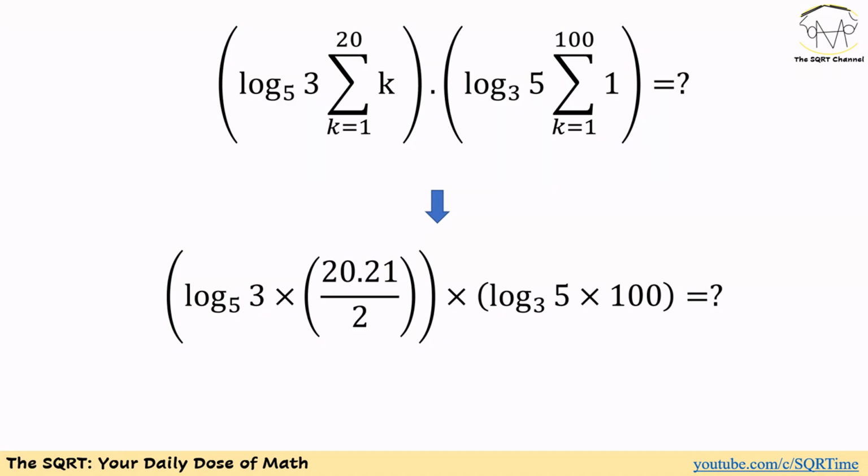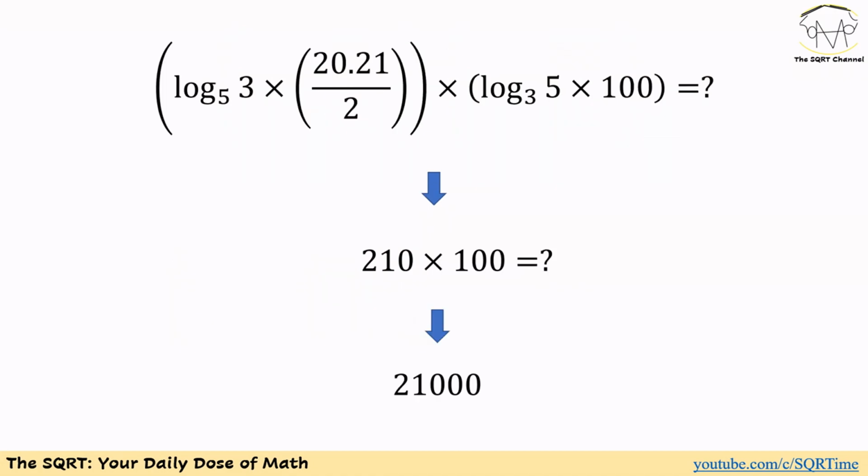We kept log of 5 in base 3 as is, and we simplified the sigma for 1 to 100 over 1 and wrote it as 100. Now here we can remove the log operators totally, because they multiply to 1, and then the final answer is going to be 210 times 100, which is 21,000, and that's our final answer.